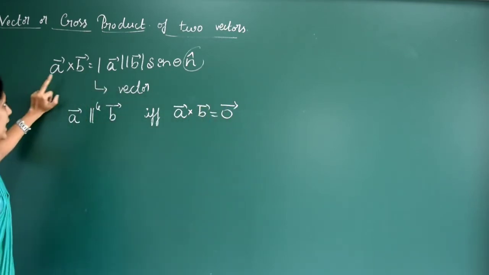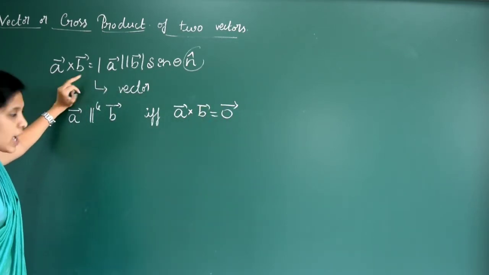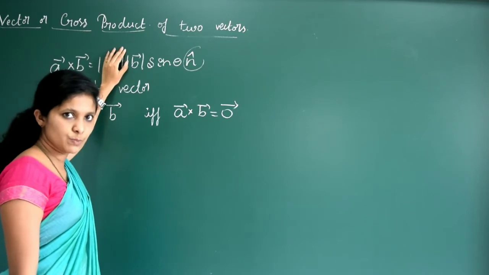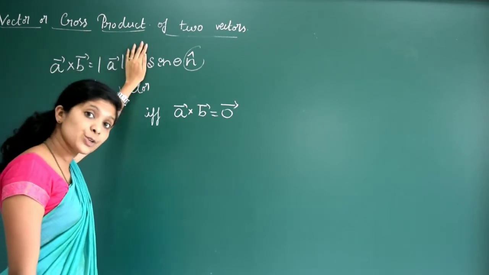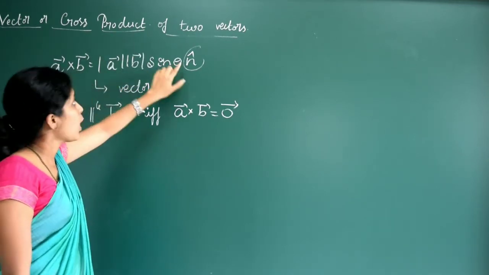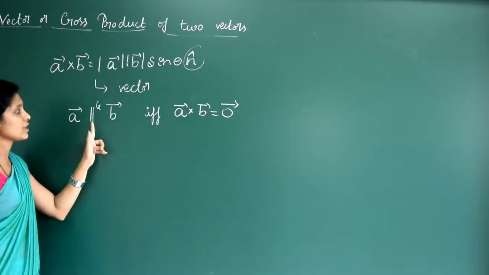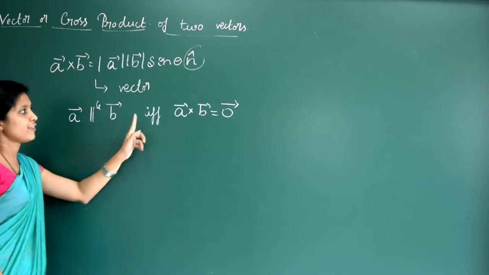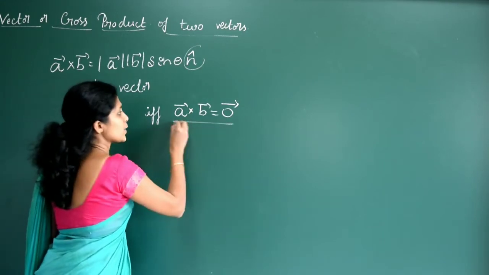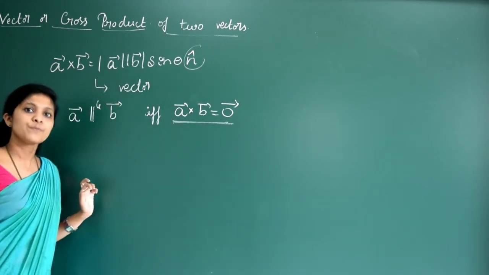Is it clear? Either magnitude of A vector should be equal to 0, or magnitude of B vector should be equal to 0, or the angle theta is equal to 0. A vector is parallel to B vector if and only if the cross product of those two will be equal to 0 vector.